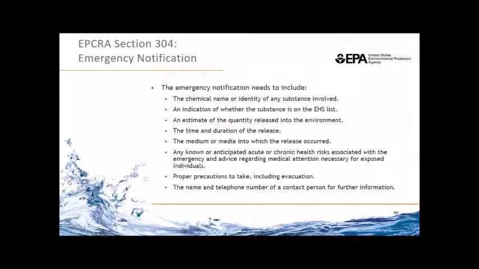When the facility contacts the SERC, here's what they need to notify of the spill: the chemical name or identity of any substance involved, an indication of whether the substance is on the extremely hazardous substance list, an estimate of the quantity released, the time and duration of the release, the medium or media into which the release occurred, any known or anticipated acute or chronic health risks associated with the release, proper precautions to take, including evacuation, and then obviously contact information, name and telephone number, for further information.